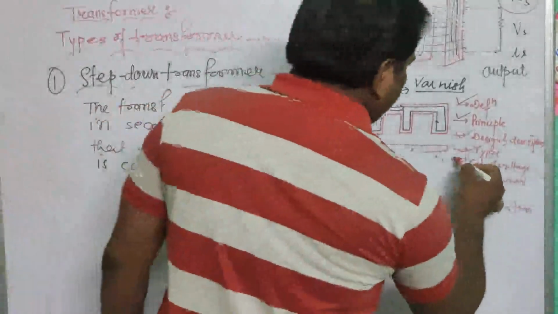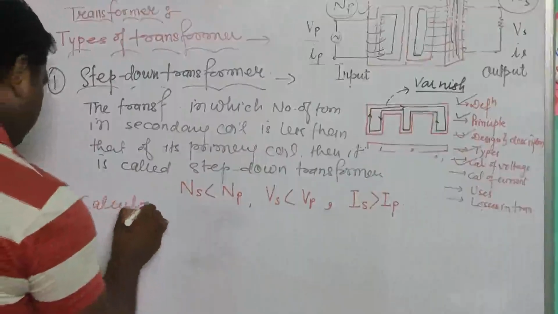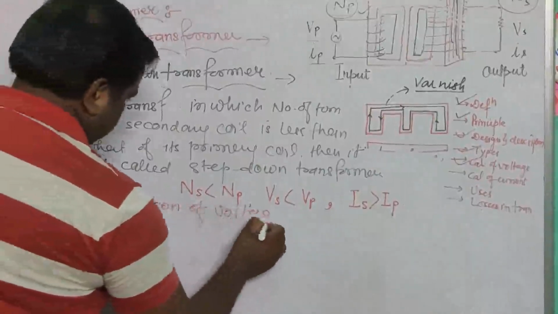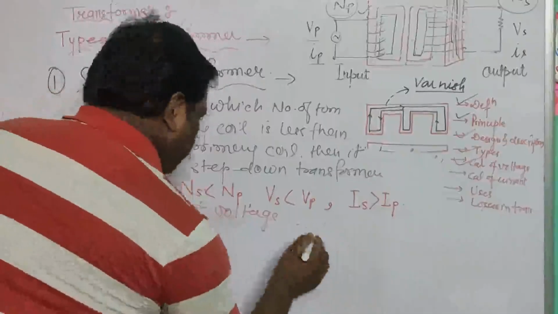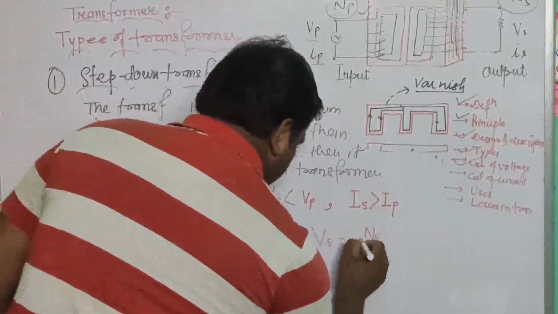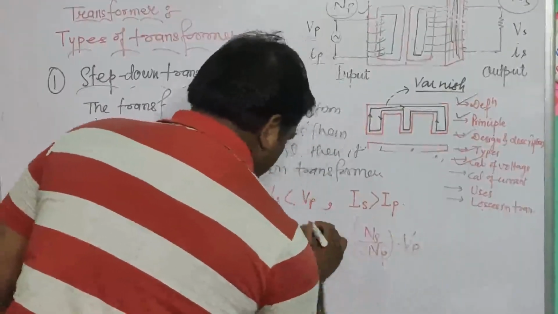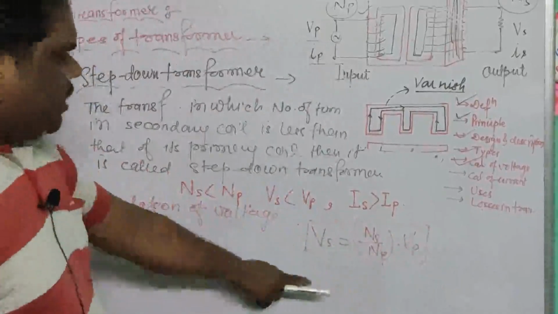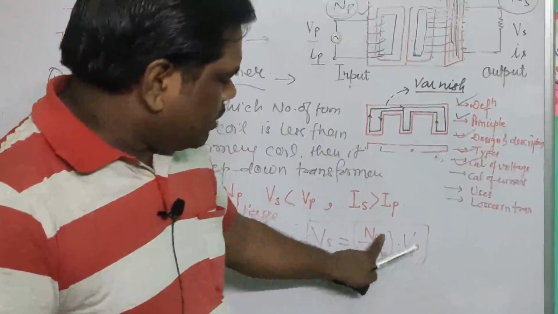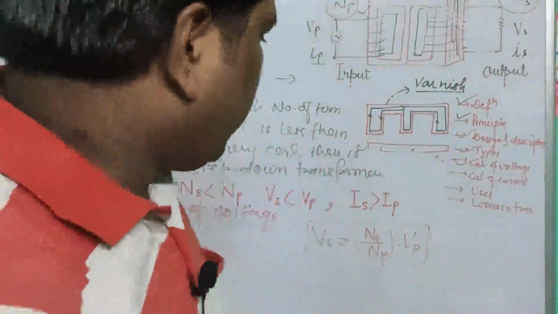Calculation of voltage we already did by using Faraday's second law, that is Vs is equals to Ns upon Np into Vp. So this is the expression of voltage across secondary coil with respect to number of turns in secondary, number of turns in primary, as well as voltage across primary coil.